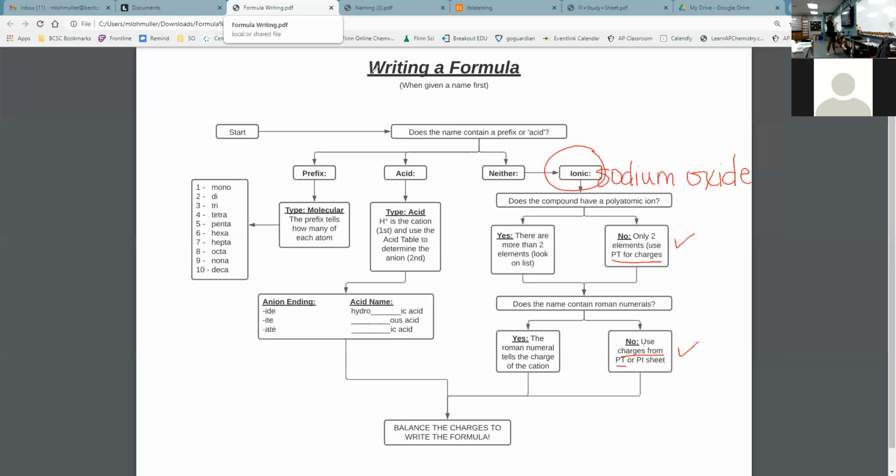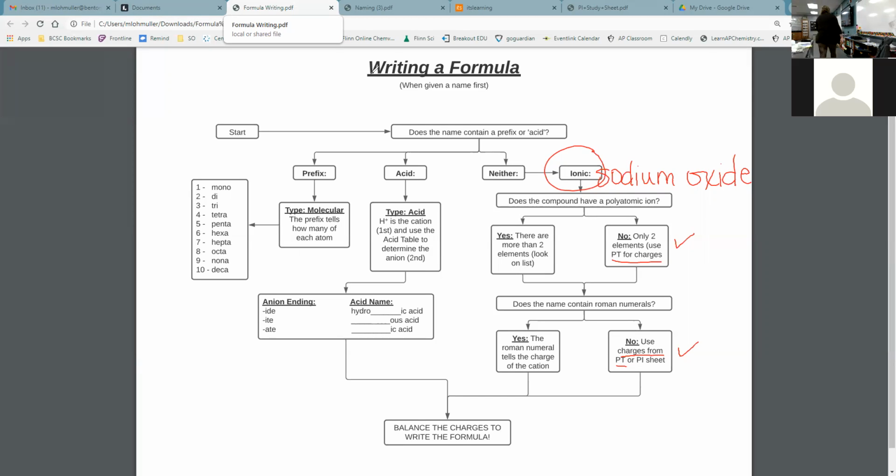Okay, so that's where we look at what columns they're in. So sodium is in the first column, so that has a +1 written above it, and then oxygen is in 6A, so that has a -2 charge. And so if it doesn't have a polyatomic ion and it doesn't have a Roman numeral, then you just look back at what we originally wrote on our periodic tables.